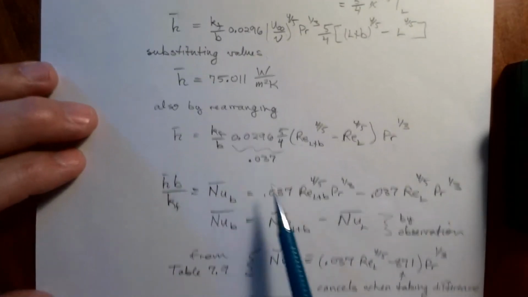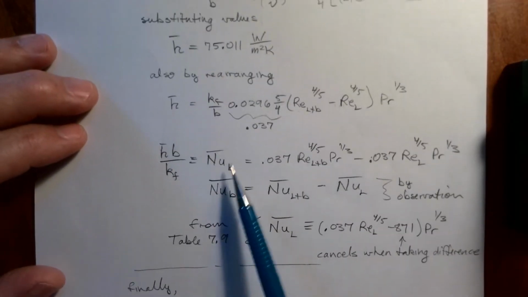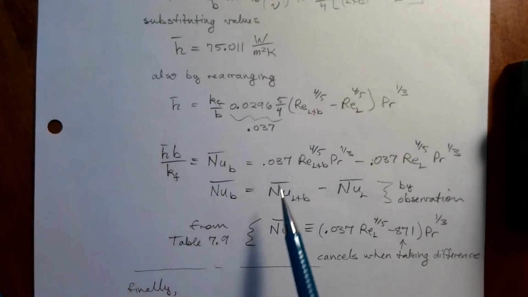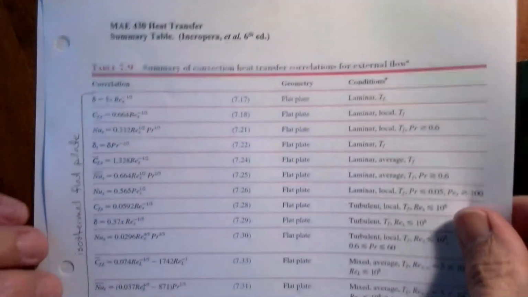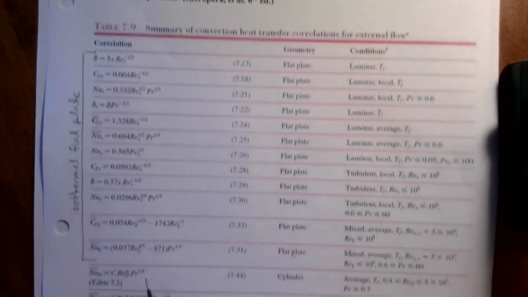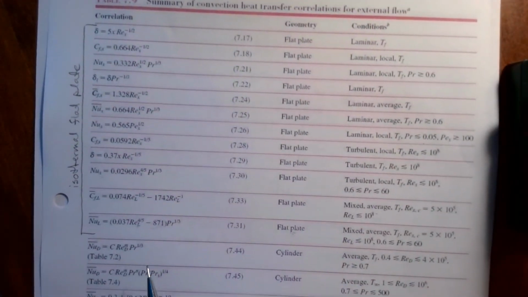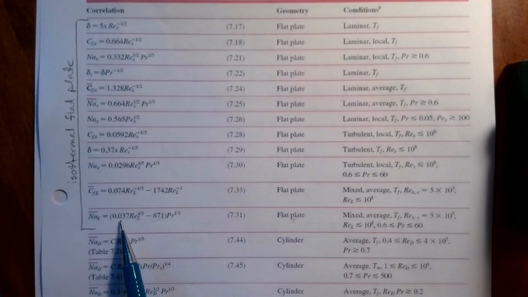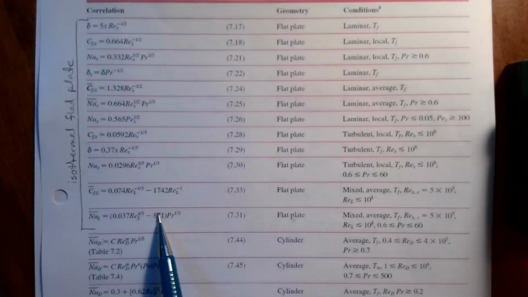So it turns out that it can be expressed in terms of Nusselt numbers. In fact, if you look at table 7.9 again, the Nusselt number for mixed flow is 0.037, Reynolds number to the 4/5 power times that Prandtl, omitting this minus 0.871.